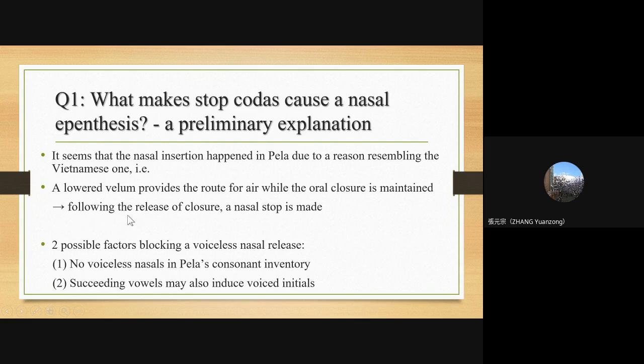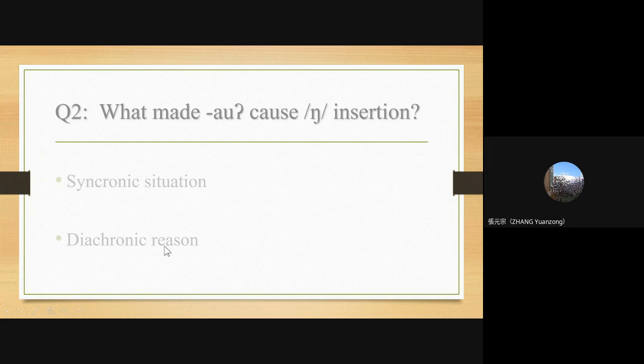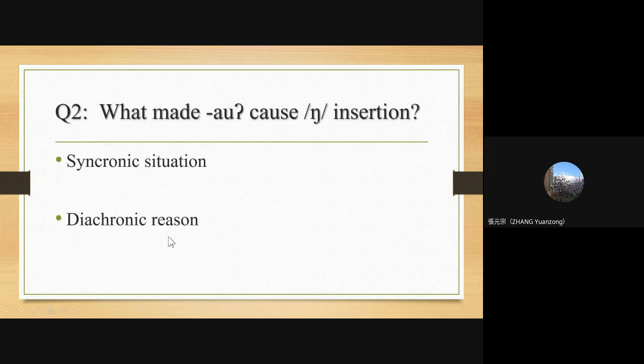Following the release of closure, a nasal stop is made. And there are two possible factors blocking a voiceless nasal release. One, no voiceless nasals exist in Pela's consonant inventory. And two, succeeding vowels may also induce voiced initials. Okay, that's my opinion on the first question.